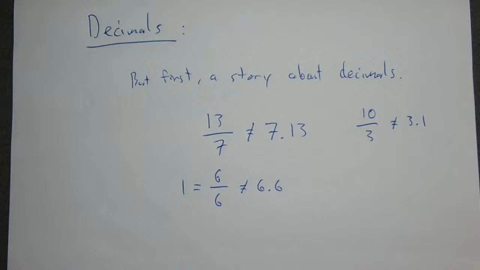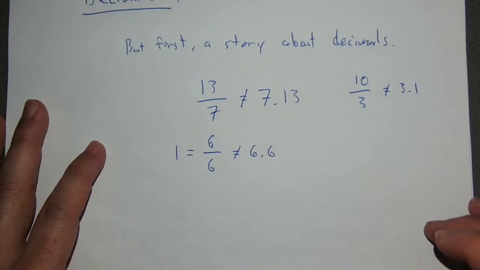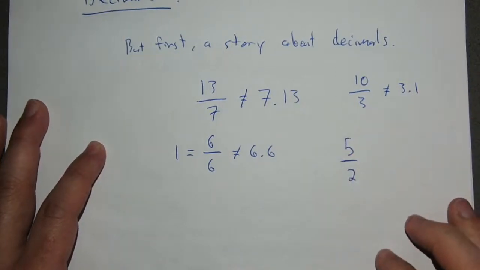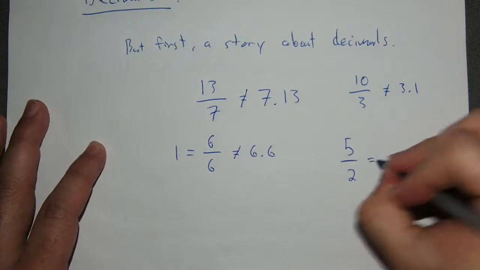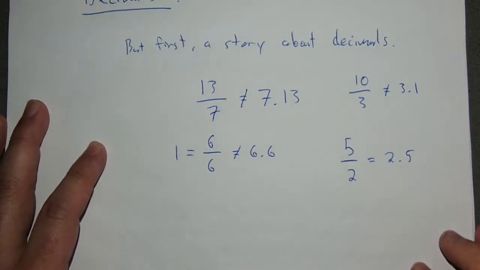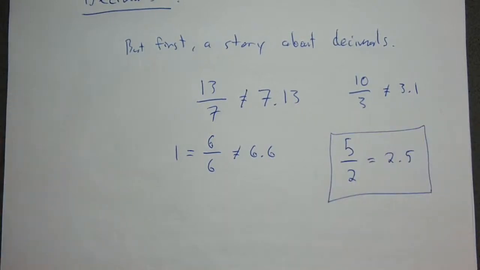And that's exactly what he asked the student. And the student said, oh, well, very clearly this works because 5 over 2 is 2.5. Right? And hey, that works, right? That works.